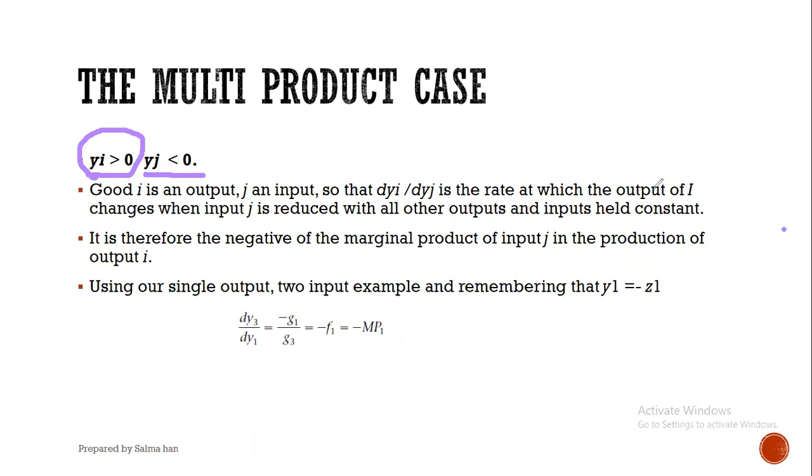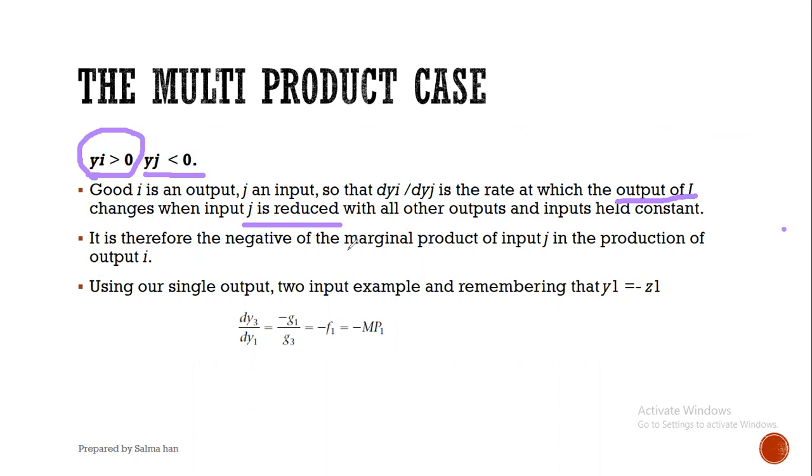It is the rate at which the output of i changes. i is the isoquant curve. Here it is the rate at which the output of i changes when the input j is reduced with all other outputs and inputs held constant. Therefore, it is the negative of the marginal product of input j in the production of output i.